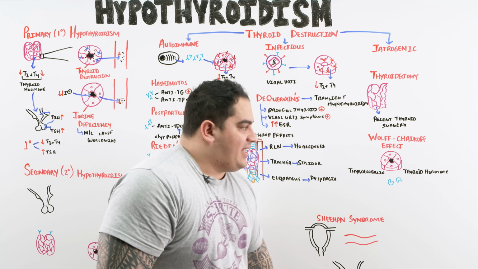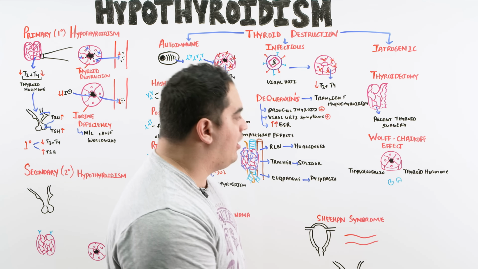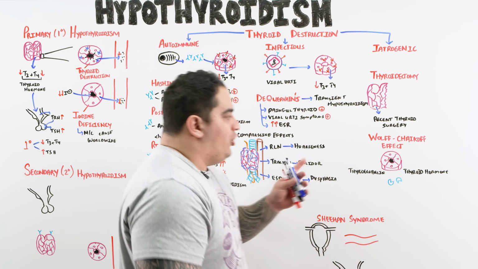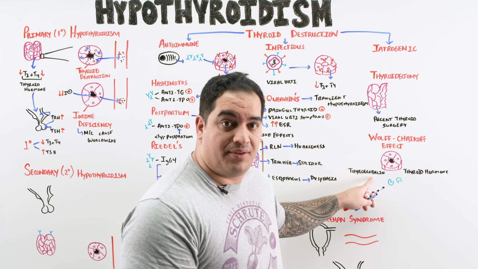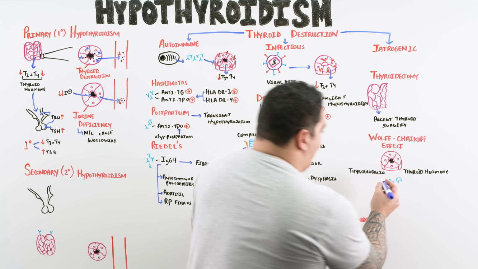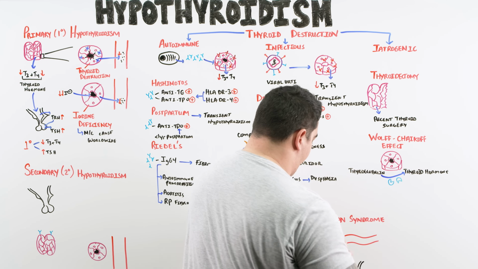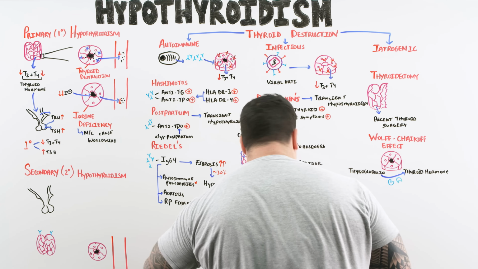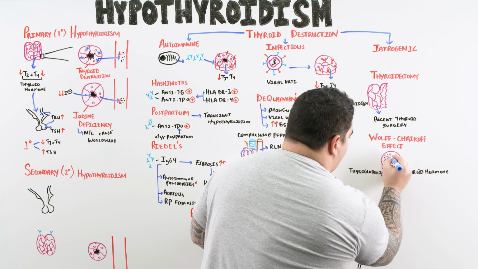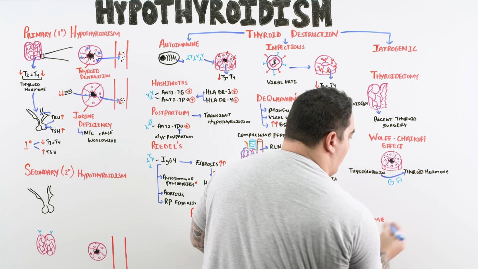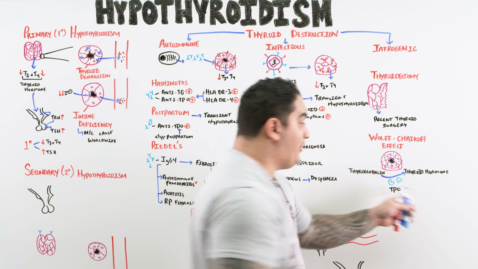The last one is a Wolff-Chaikoff effect. This one's really interesting. It's kind of weird, but it's interesting. Your thyroid follicles take thyroglobulin that's made by the follicular cells. When they do that, they interact with that enzyme that I told you is found inside of these follicular cells. It's a weird enzyme where it's found around the edges, and it's found inside the cells. It's called TPO, thyroid peroxidase.